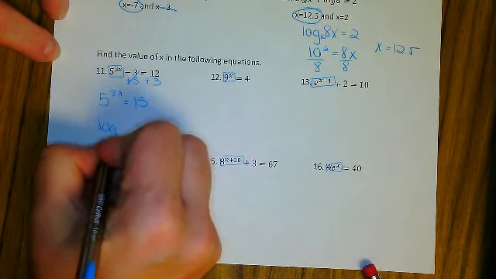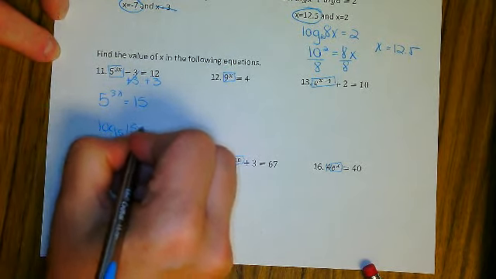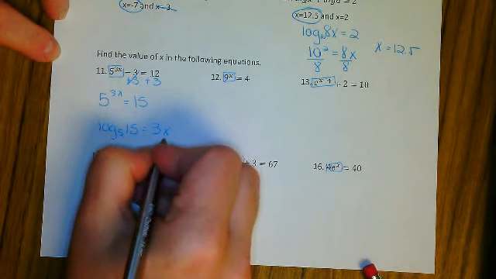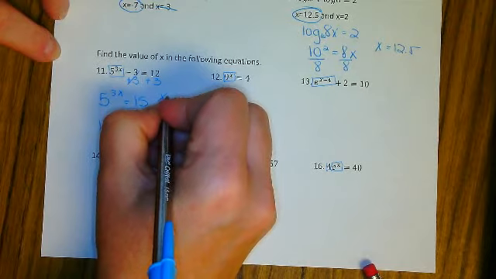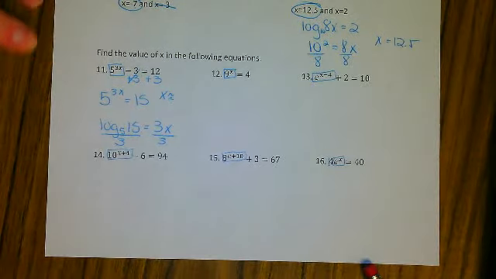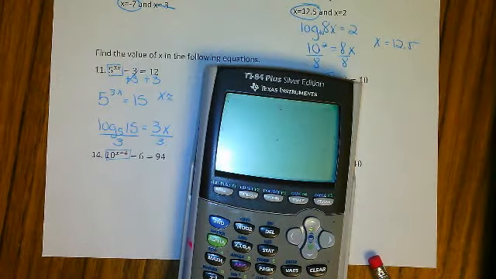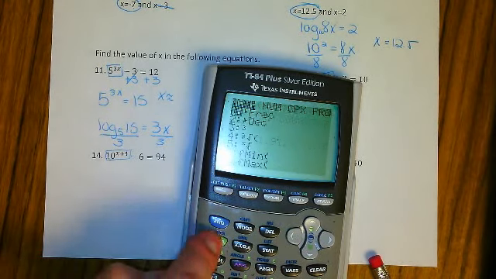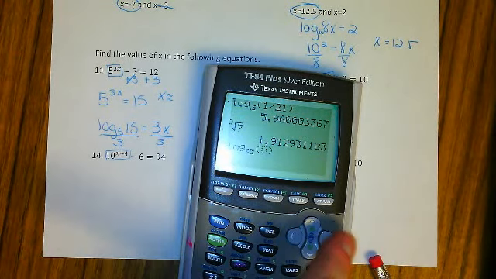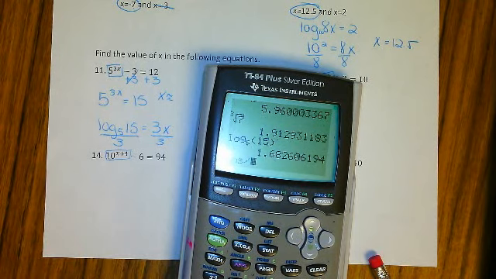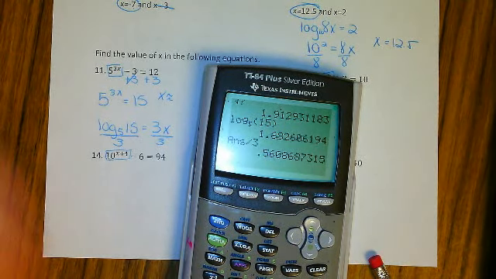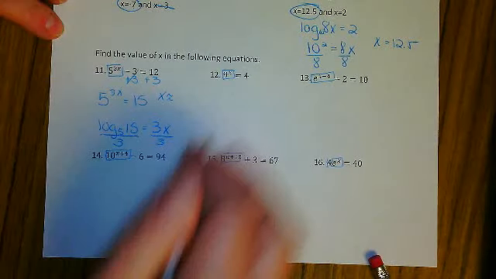And again, the base is the base and the other two switch places. Now, still solving for x, so I need to divide by 3. So when I put that in my calculator, I'm going to find out that log base 5 of 15 divided by 3 is approximately 0.56.